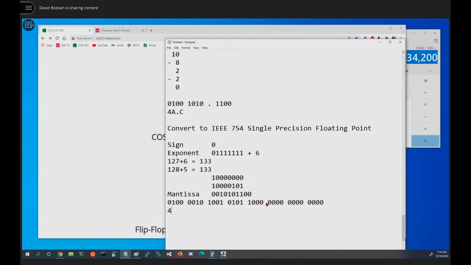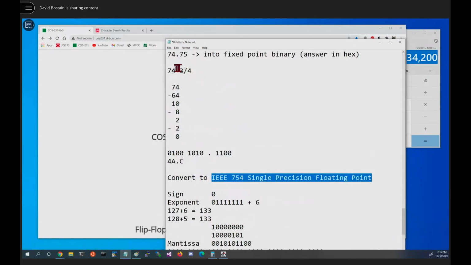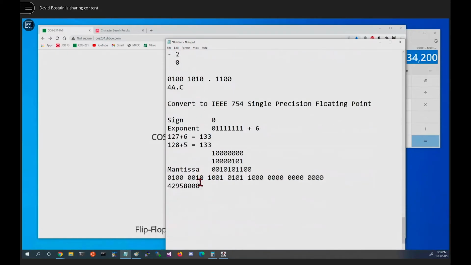Now we can write those out: 4, 2, 9, 5, 8, 0, 0, 0. And now we have created the IEEE 754 single precision floating point encoding of the number 74.75. Anybody have any questions about that?